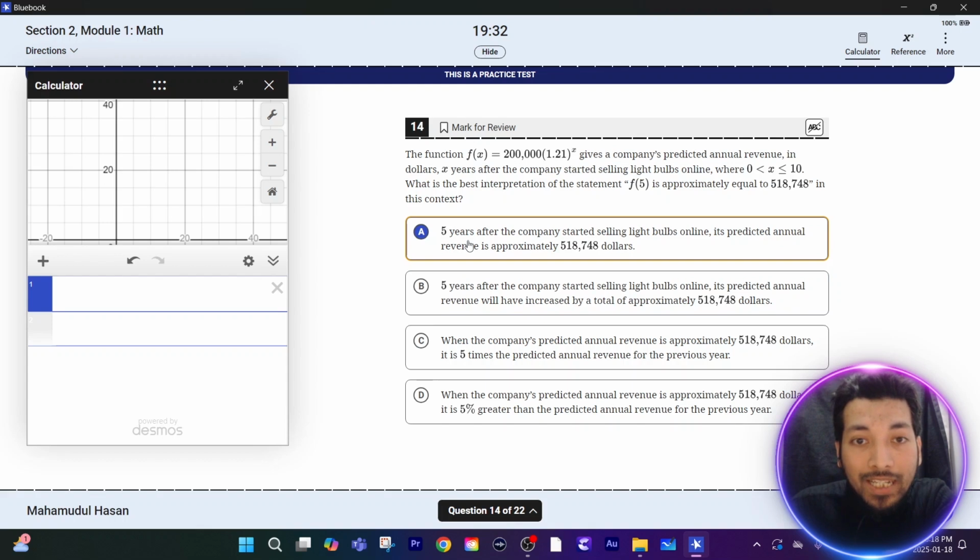So the option is A. It's not that its predicted annual revenue will have increased by a total. That's not what the problem is mentioning. So remember, this f of x is defining its statement in the answer choice, and this x years is also defining its statement in the answer choice. So the correct option is A.